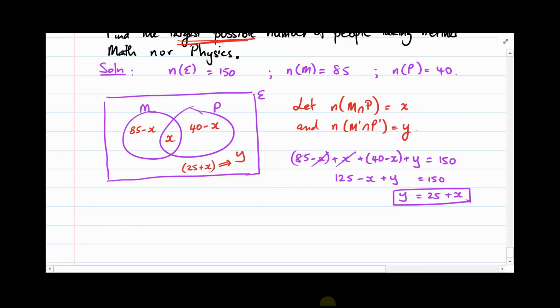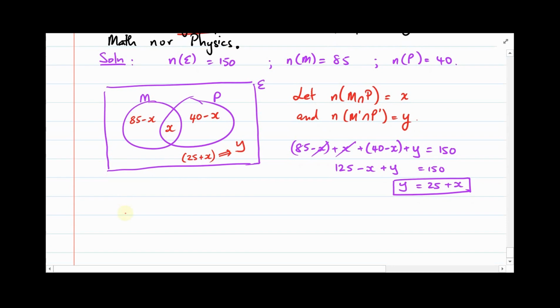So let's go down here. Largest y would imply that, since the equation is y equal to 25 more than x, to get the largest y, I need to get the largest value of x.